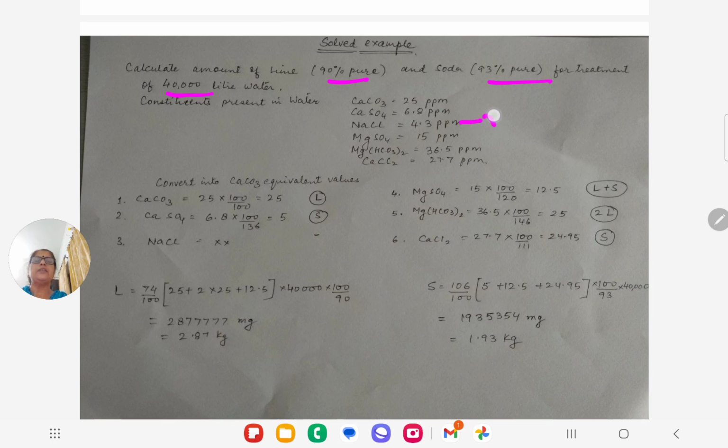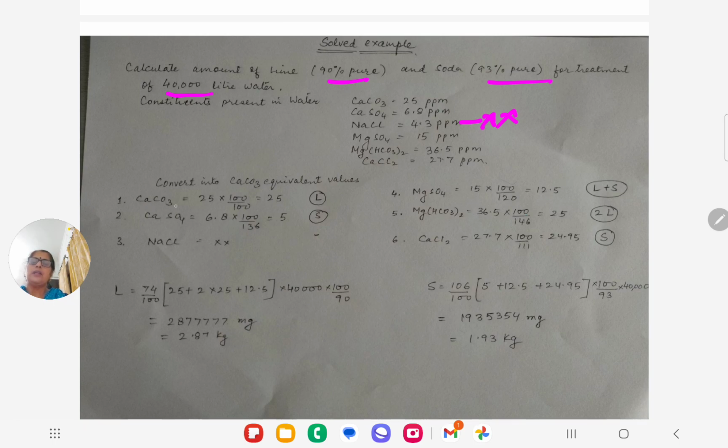Here again NaCl is given, which does not impart hardness. Every salt is converted with 100 upon 100, that is 25. Calcium sulfate is coming 5. Magnesium sulfate is 100 upon 120. So the first step is to convert into calcium carbonate equivalent hardness, 12.5.